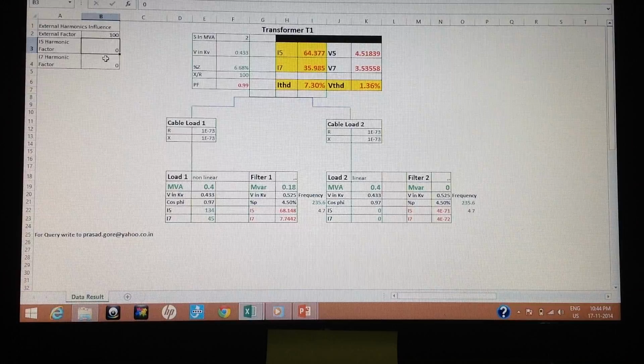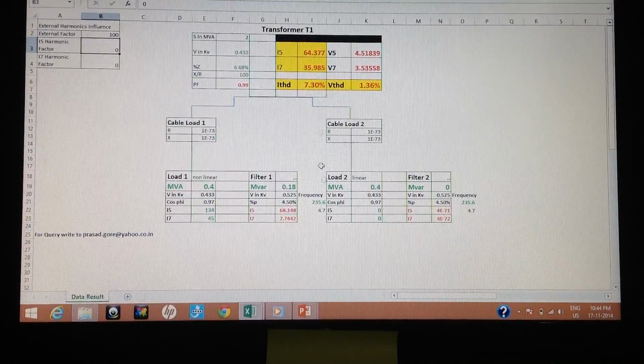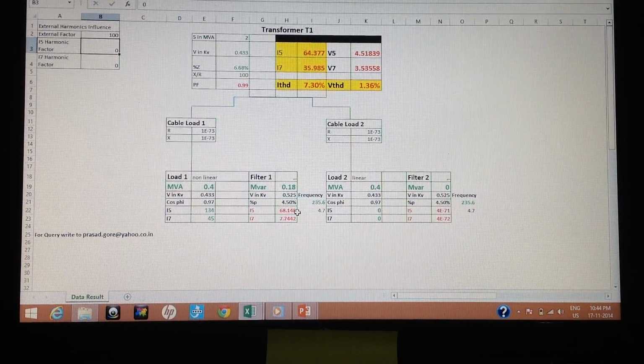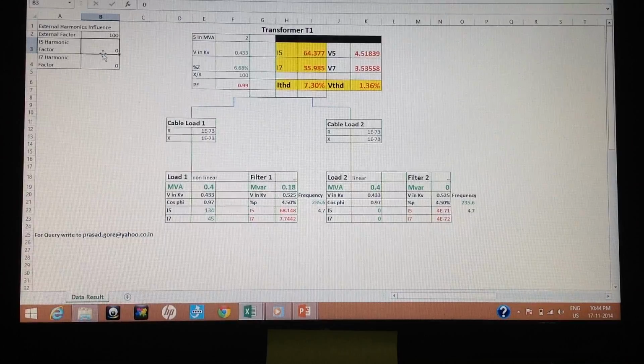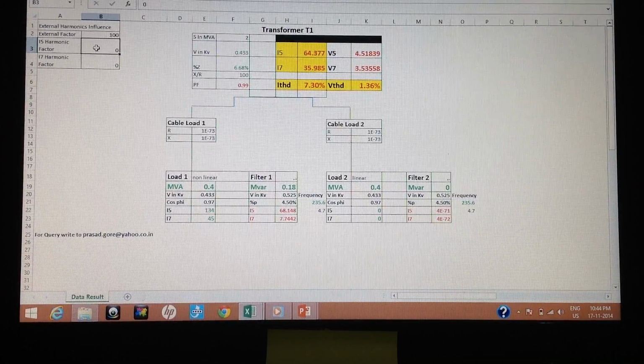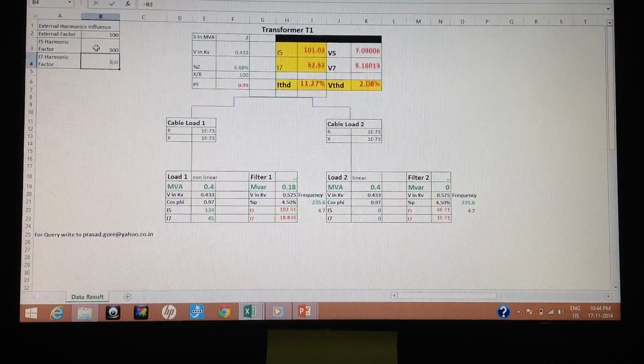It has gone down actually. But you can see here the overloading happens. Earlier this was less, but now it has become more. So overloading of the filter has happened. Now I put some external harmonics into the system. Now let's run. See.